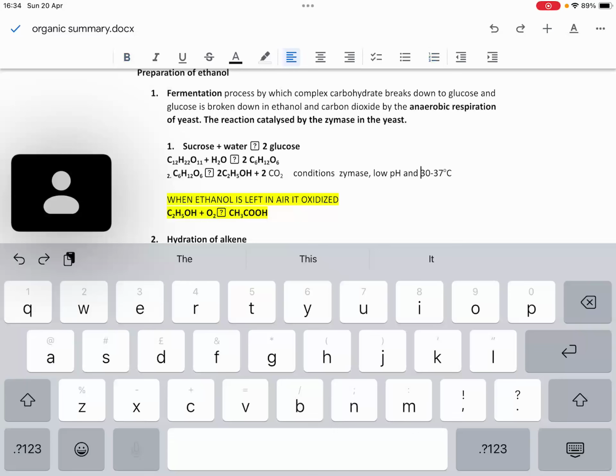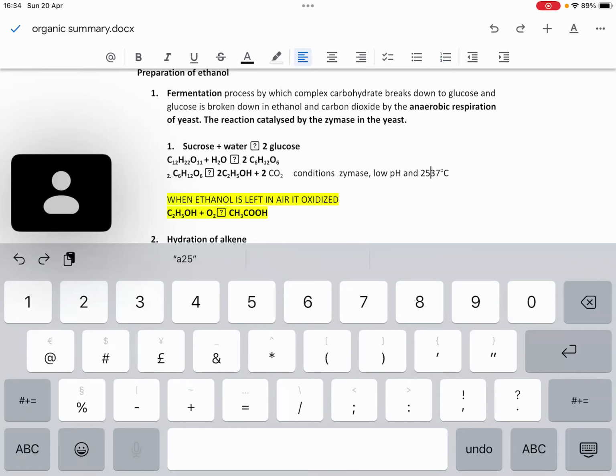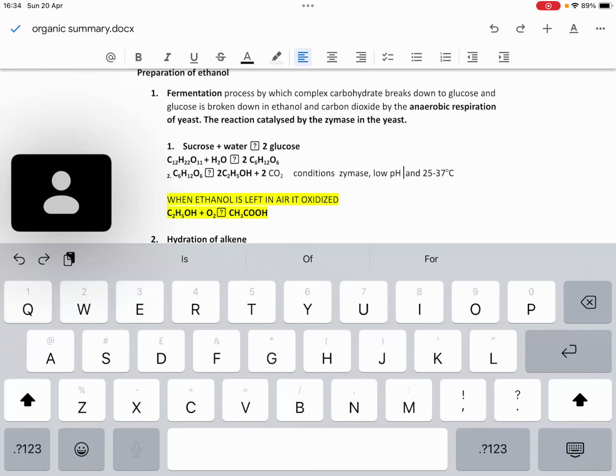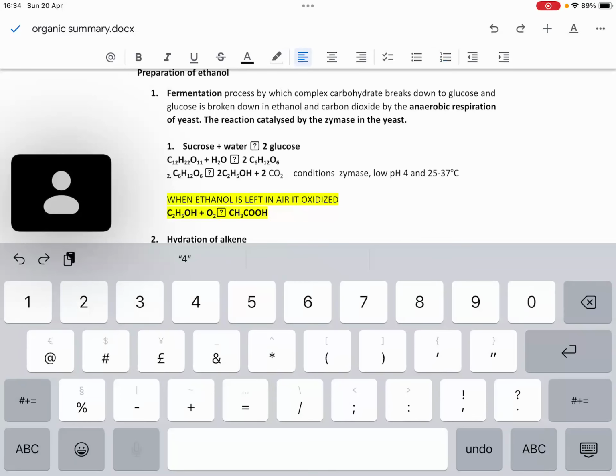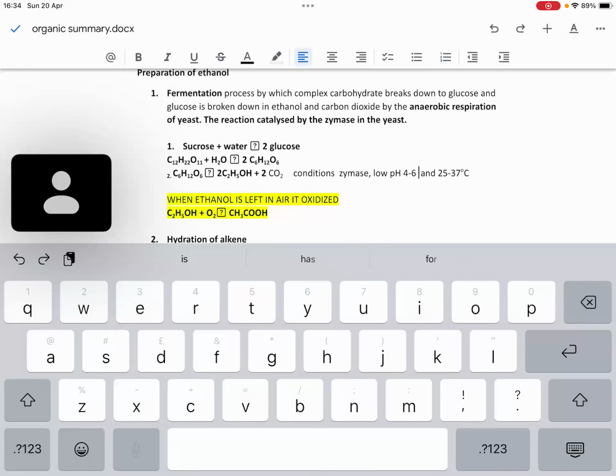The mark scheme says that they are looking for a temperature range anywhere between 25 degrees Celsius and 37 degrees Celsius. You need a low pH, which is generally somewhere between 4 to 6. And the next condition is zymase.